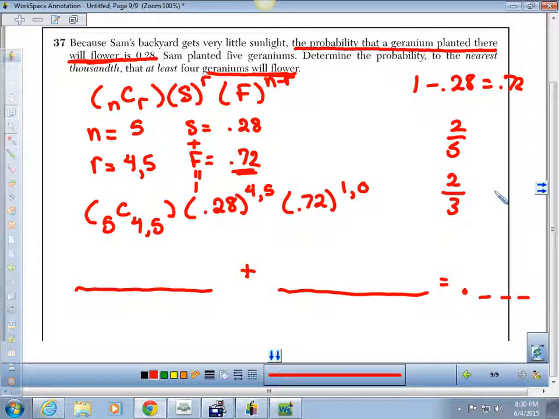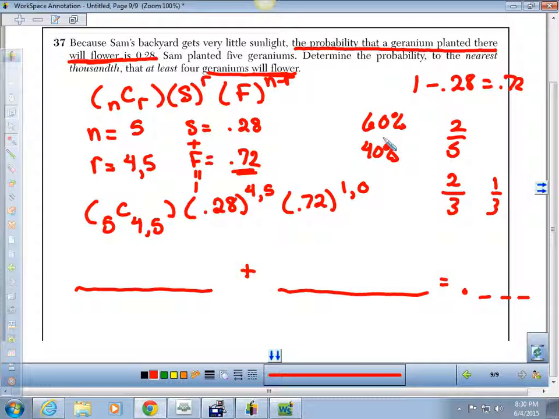Why? 2/3 and 1/3 are 3/3. What if they said a 60% chance? What would the other percent chance have to be then? 40%. 60 and 40 add up to 100%. Okay? So they've always got to add up to 1.